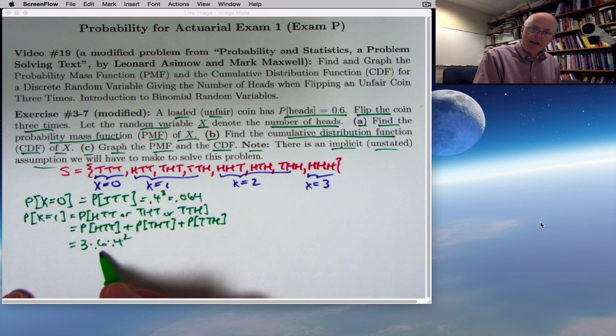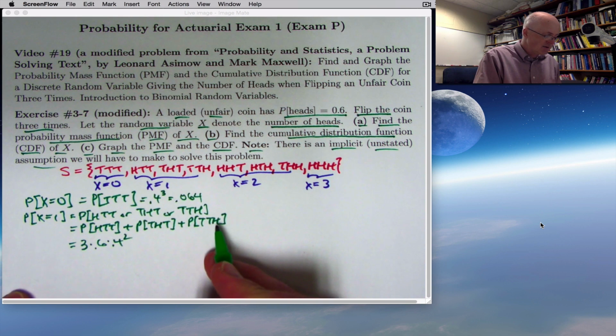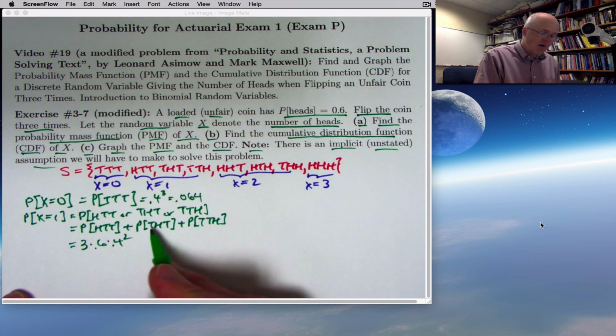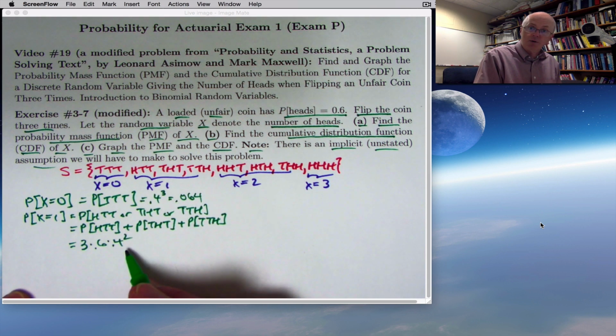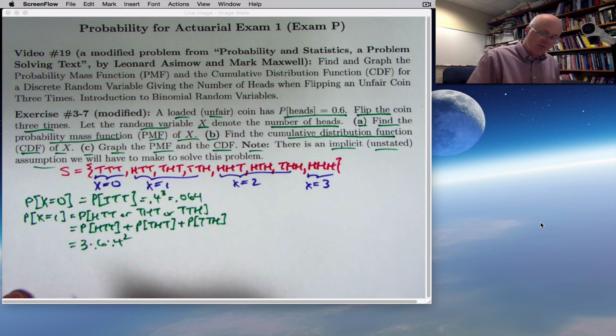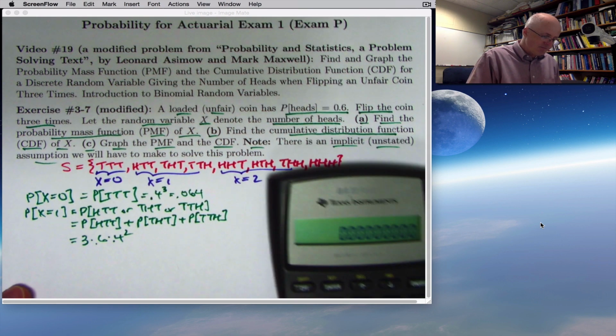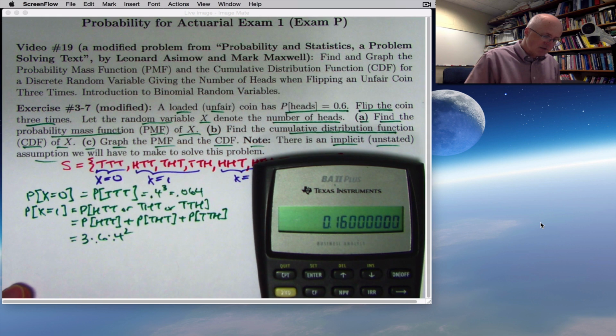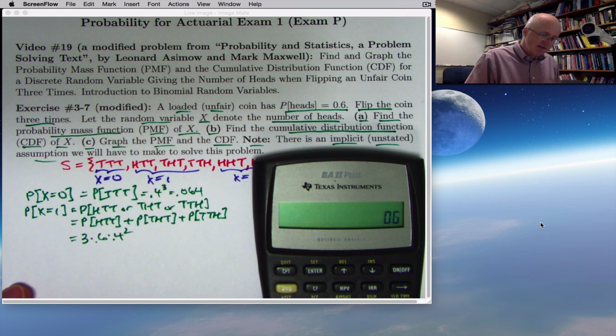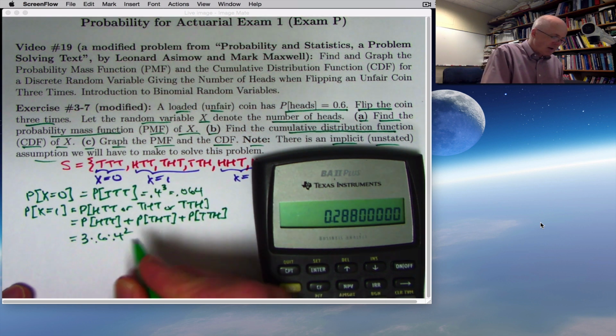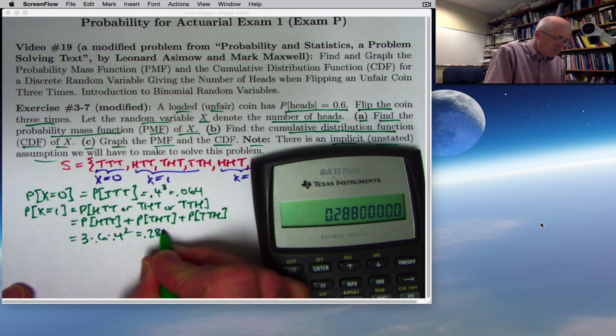Because the probability of heads on any given flip is 0.6. The probability of tails on any given flip is 0.4. You've got 2 tails in each case, so you have to square that. And again, these are all the same number, 0.6 times 0.4 squared, so you have 3 of them. You've got to multiply by 3. 0.4 squared is 0.16 times 0.6 times 3 is 0.288.